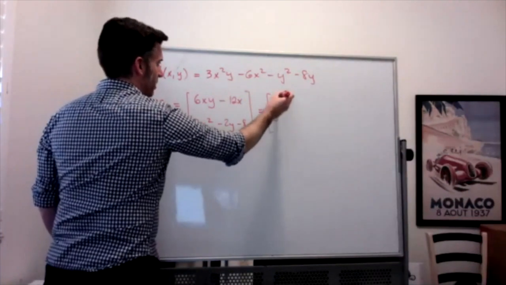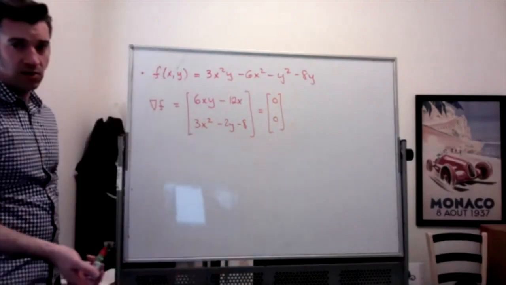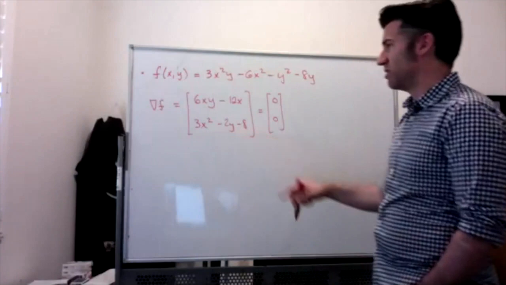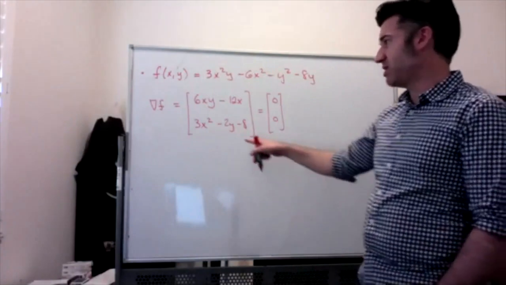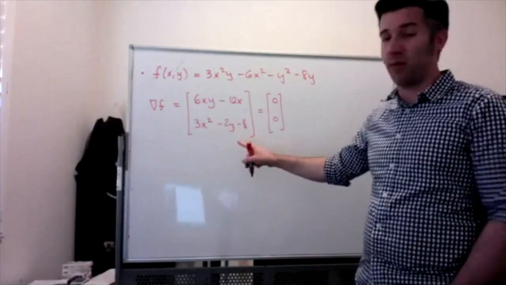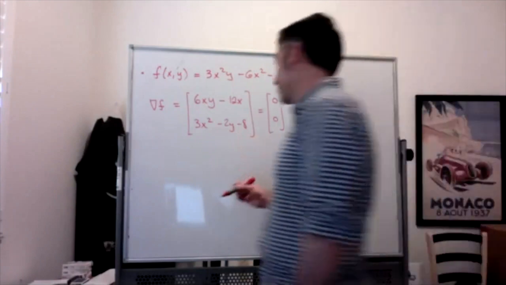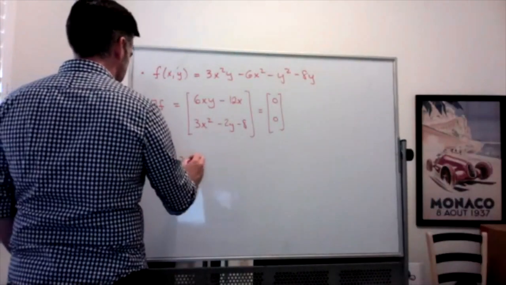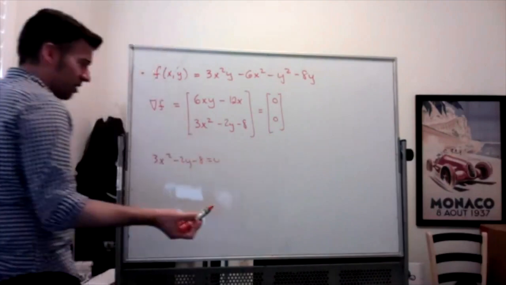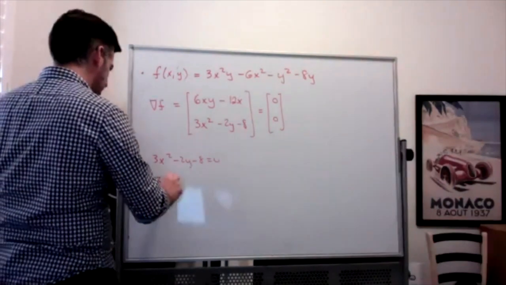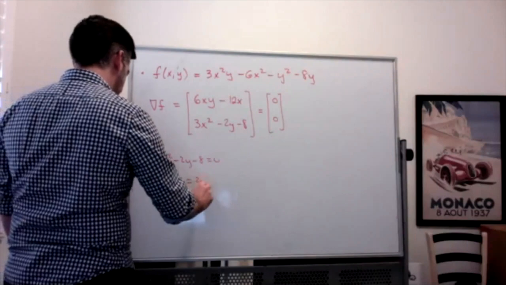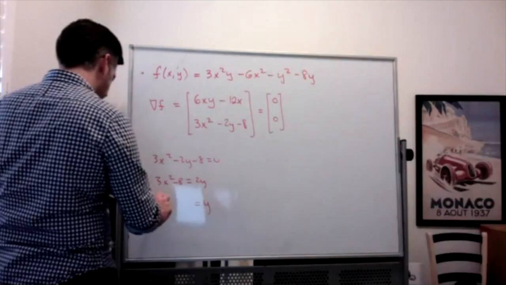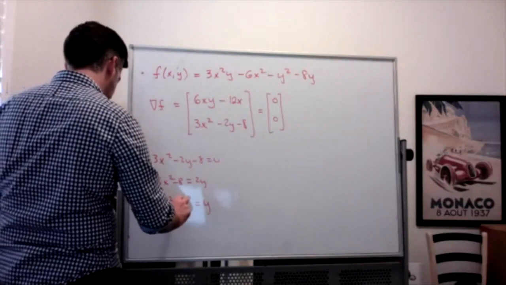Okay, and this is where things get a little bit dicey. You have to decide which equation you want to work with first. Actually, I wouldn't work with this one first. Let me tell you why. If we set 3x squared minus 2y minus 8 equal to 0, you can solve this for y. 3x squared minus 8 equals 2y, and then y equals 3/2 x squared minus 4.